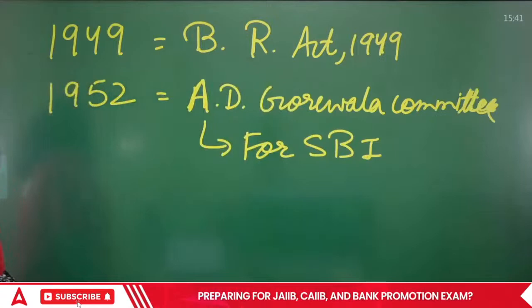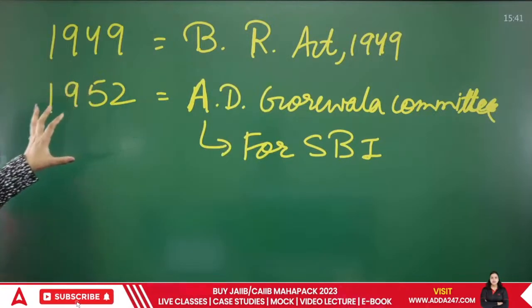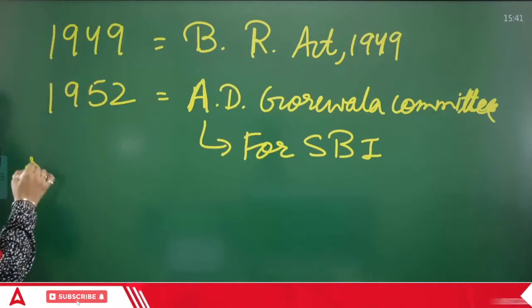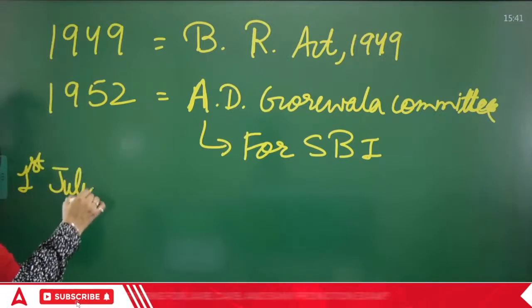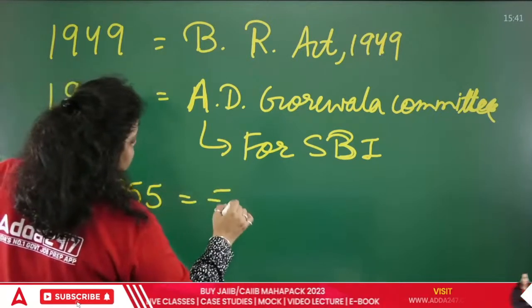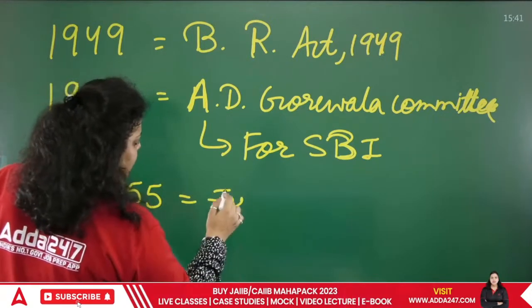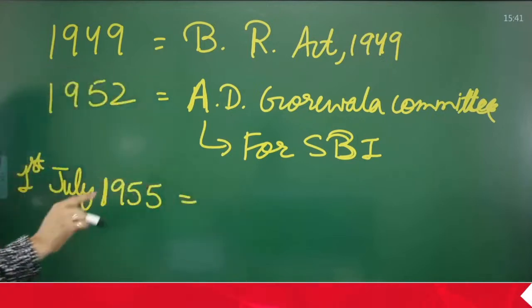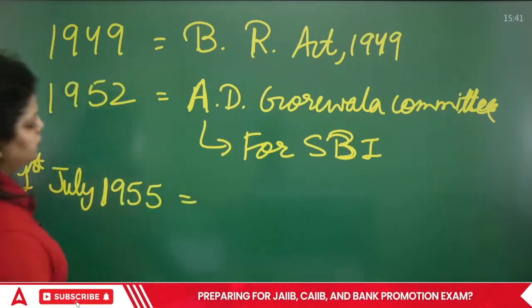On the recommendation of this committee, on 1st of July 1955, the Imperial Bank of India was converted into SBI.